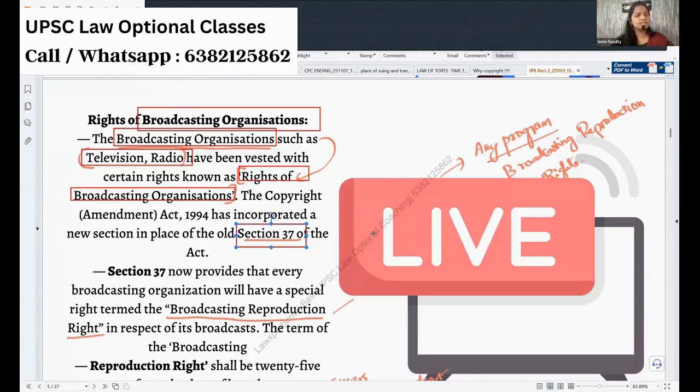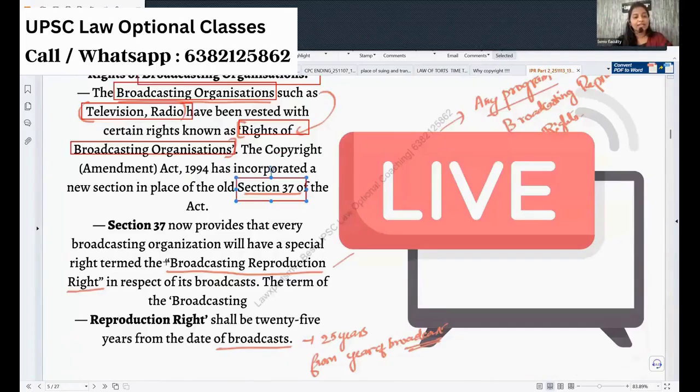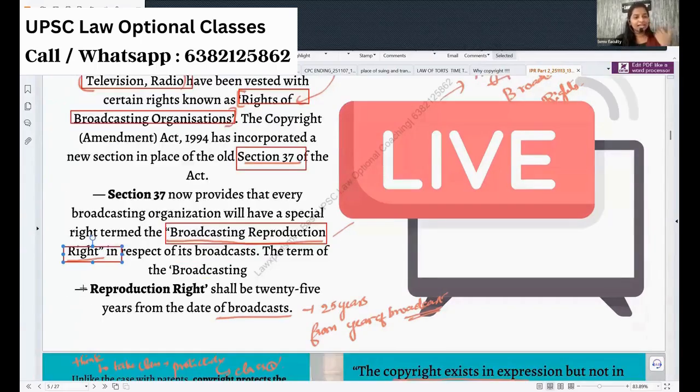Now coming to the point, Section 37 gives the rights of broadcasting agencies. What are the rights they have? Let me tell you. They have the broadcasting reproduction rights. That is, they can again and again reproduce the same thing, again and again post the same thing. That is what happens practically. When we were studying in 5th standard, 6th standard, one particular Sunday, quite famous, we would have a new movie telecasted on the TV.